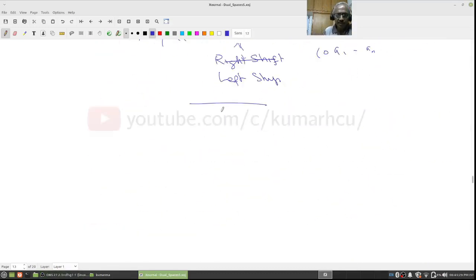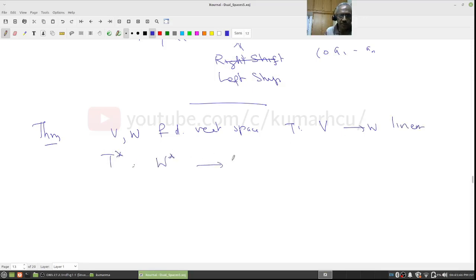Now let's prove the next result. Let us assume V, W are finite dimensional vector spaces, and T is a linear map from V to W, and T star is a linear map from W star to V star. Let's fix a basis V1 to Vm and W1 to Wn, and the dual basis F1, F2 to Fm and G1 to Gn.